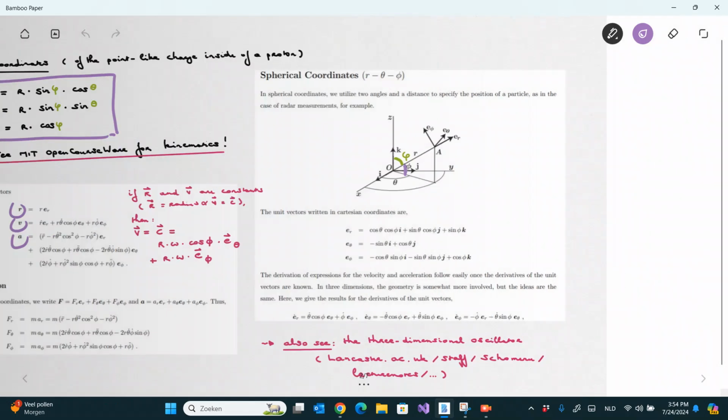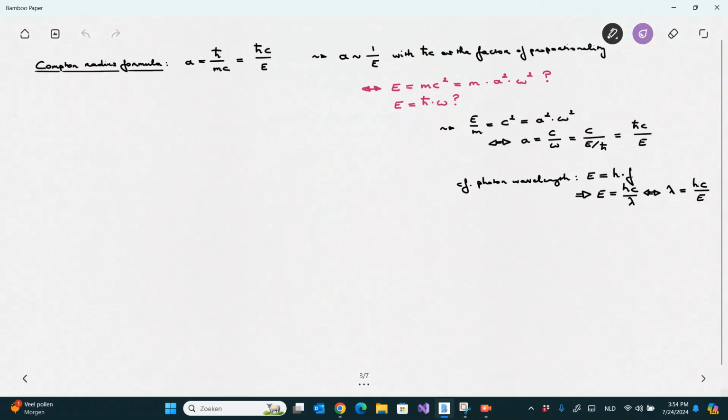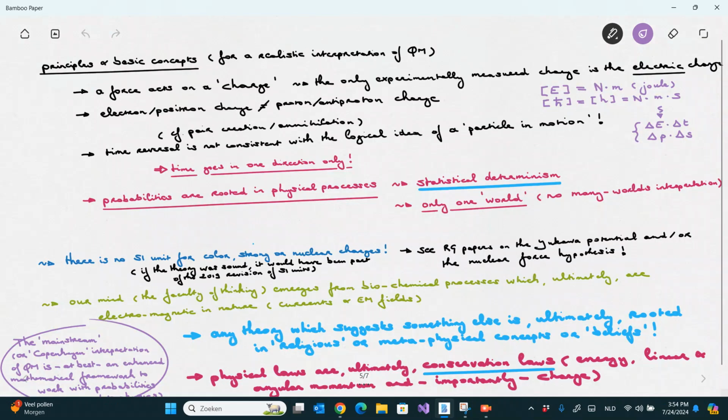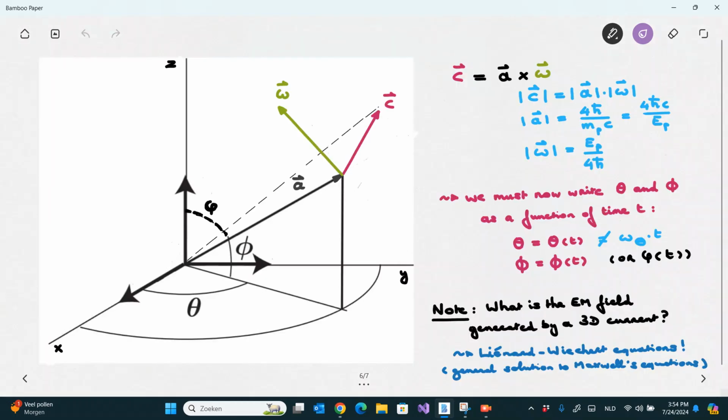And what you find out is that you want to write the two angles as a function of time, and you cannot do what you would do with a linear oscillator or a ring current, and that is just to write this angle as some frequency times the time.